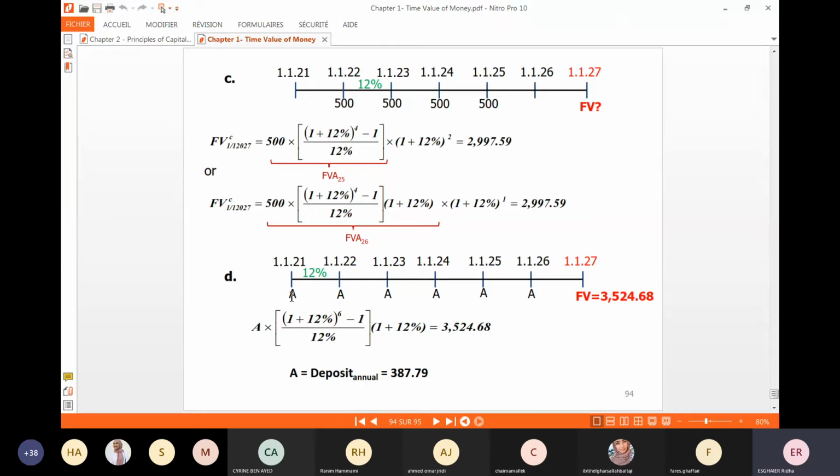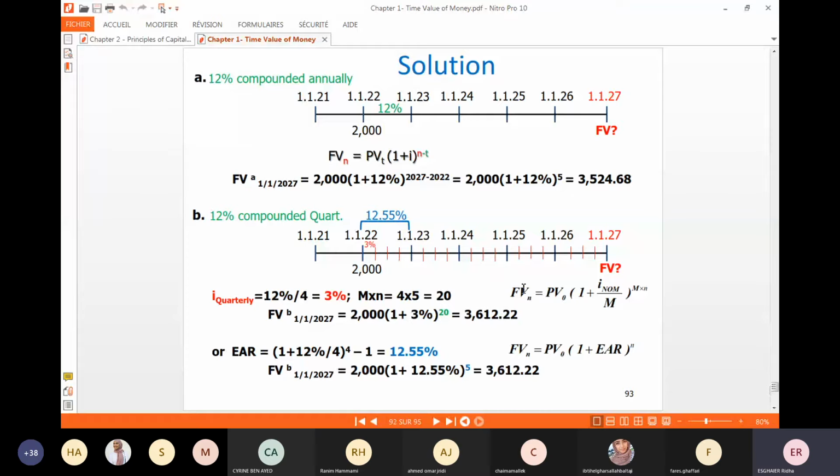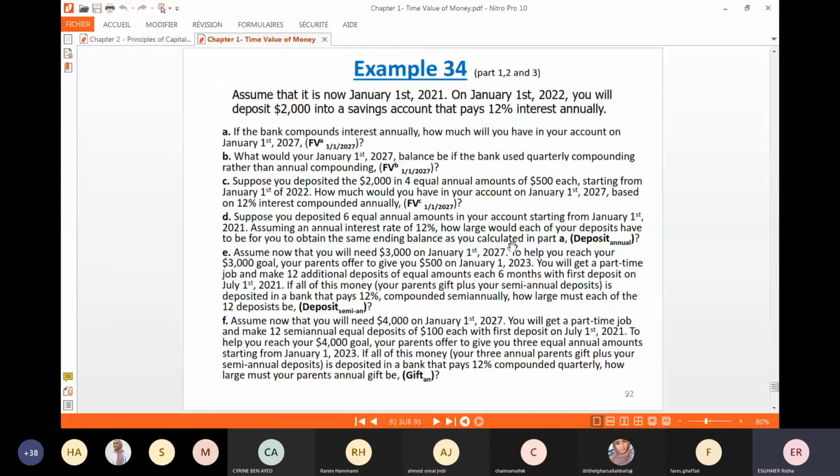The interest rate is an annual interest rate compounded annually. Here it says assuming an annual interest rate of 12%. Since I don't have compounded semi-annually, compounded quarterly, or compounded monthly, we use the default rate, which is compounded annually. So the interest rate is 12% compounded annually.